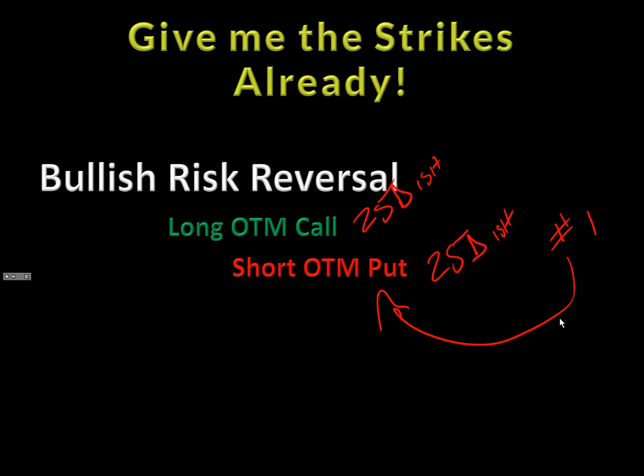Those are the places where you want to look and say, all right, where's my support level? Because you need to be concerned about your support, your exit, all of those things. So part of that has to do with selling this short out of the money put, where you're comfortable. Remember, when we're selling a put, it's where you would be comfortable buying the stock if you had to, right?